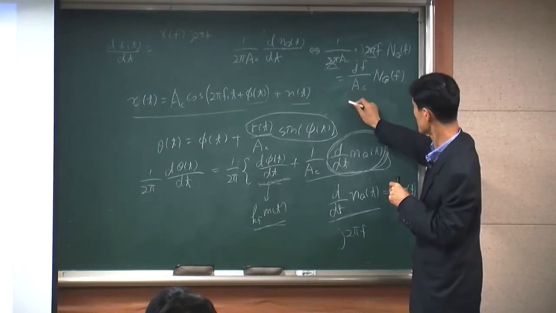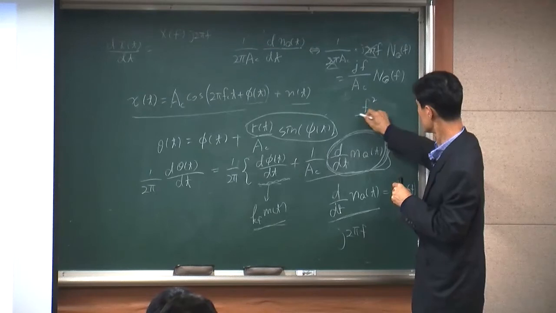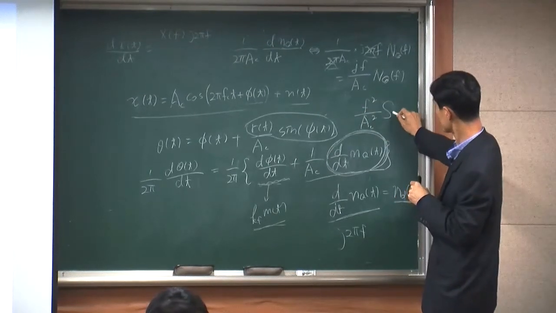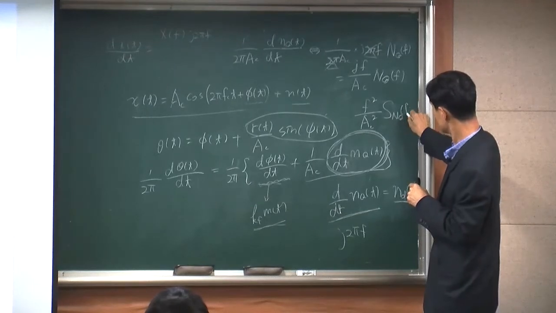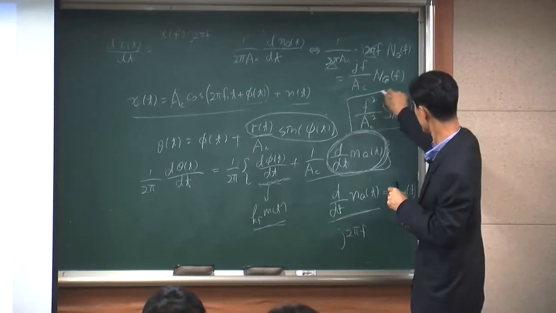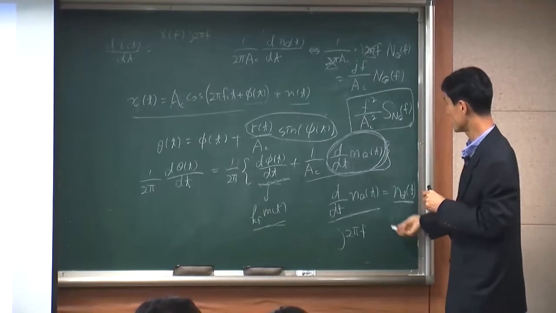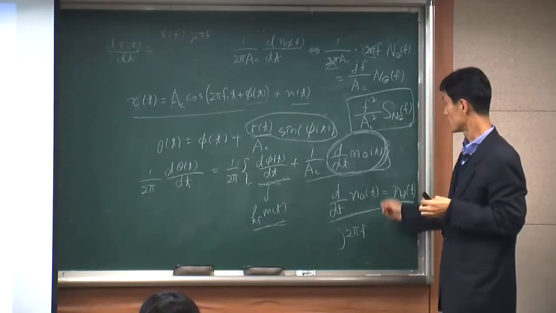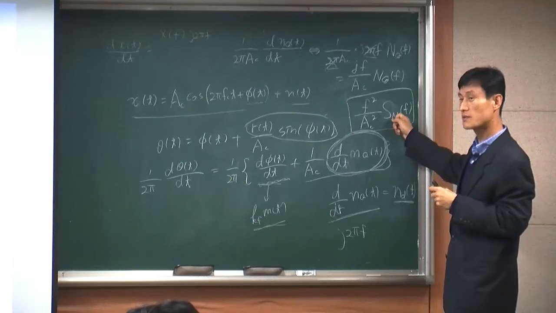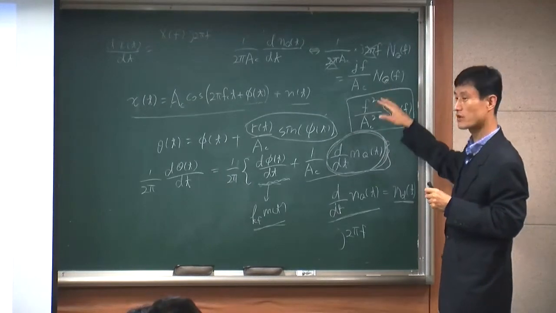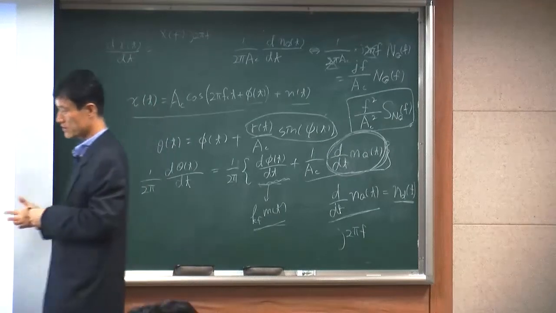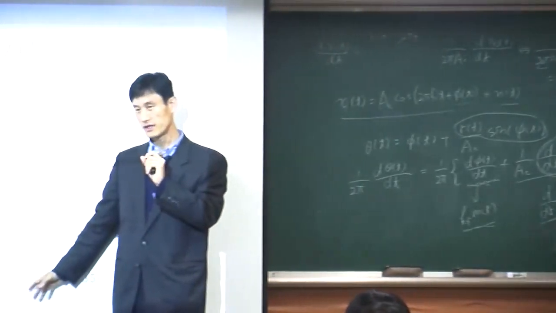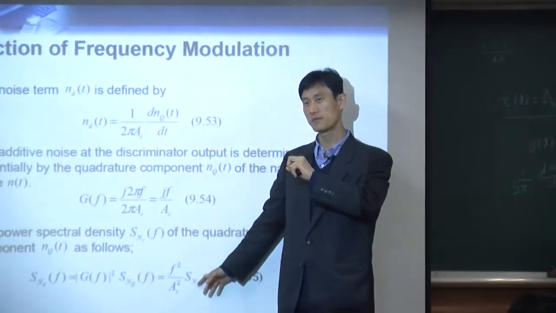So the power spectral density is f squared over AC squared times the power spectral density of N_q. That's what we get as the power spectral density of this noise. That's the important thing. Now what we can see is the clear difference between FM and AM.